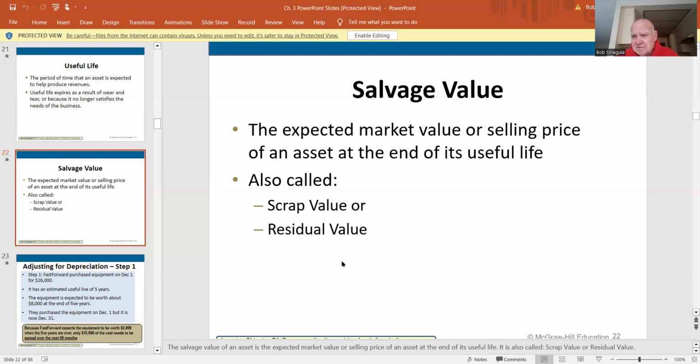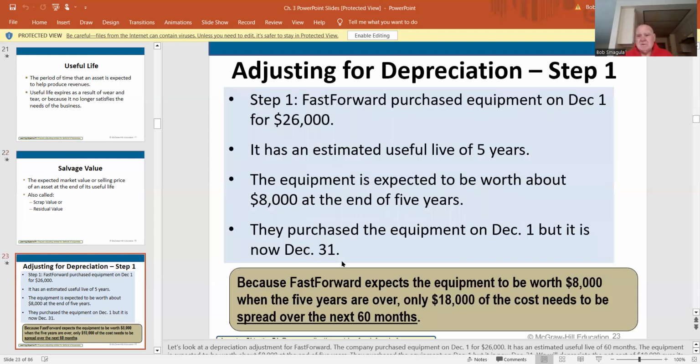A junkyard will come in and give us $5,000 for it. That is the salvage value, the amount of money we expect to cash in at the end of the life of the asset. Okay. The key thing to remember is we do not depreciate the salvage value in all methods of depreciation.